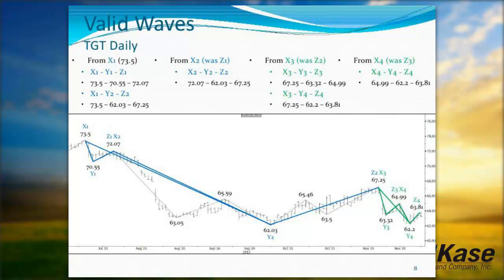So at that point, we can actually look at the combination of X3, Y3, Z3, X3, Y4, Z4, and then our X3 becomes an X4, so we can pick X4, Y4, Z4. So there we picked the 67.25 to 63.32 to 64.99, then 67.25 down to 62.20 back up to 63.81, and then 64.99, 62.22 up to 63.81.